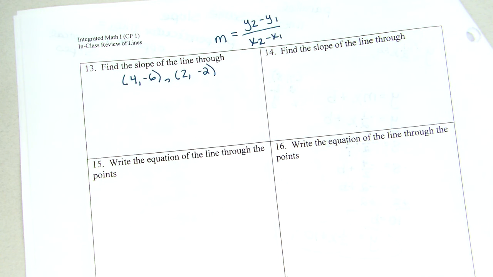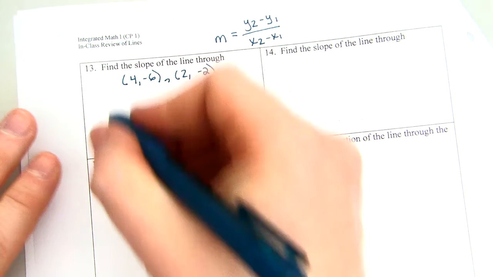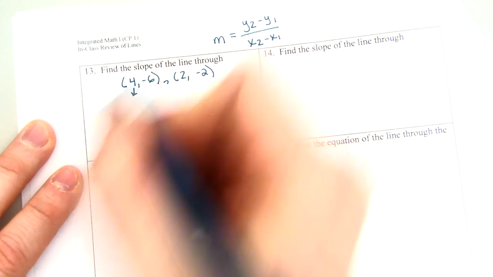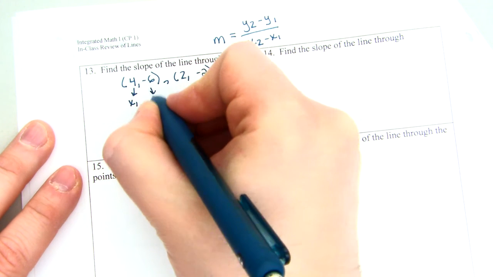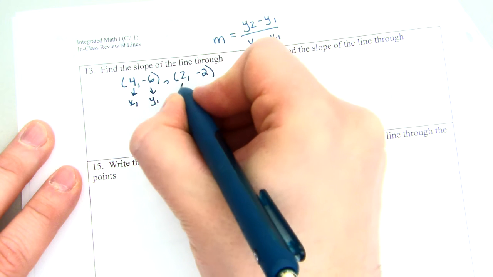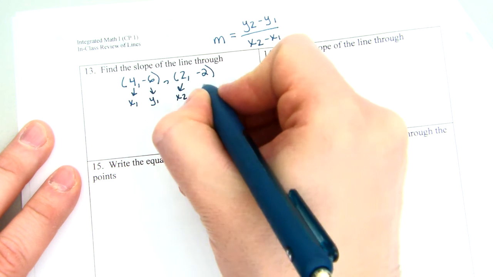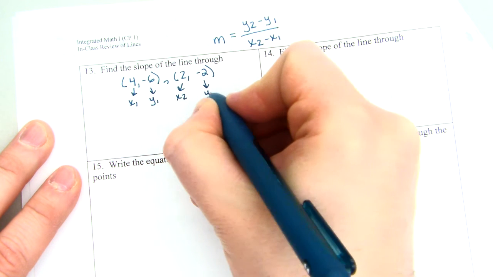That's our slope formula. So, when we did this in class, the very first thing that I always do is label my points. I'm going to say x1, y1, and I'm going to say x2, y2.